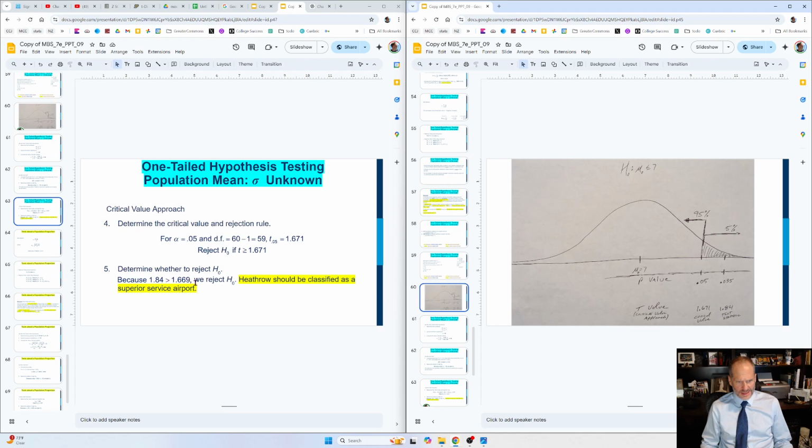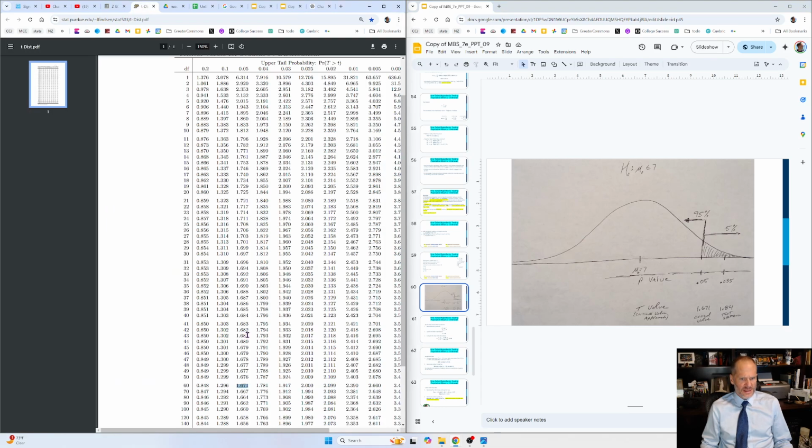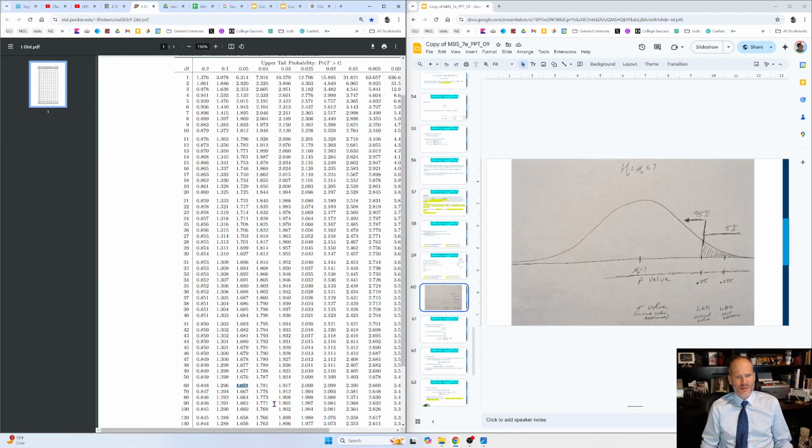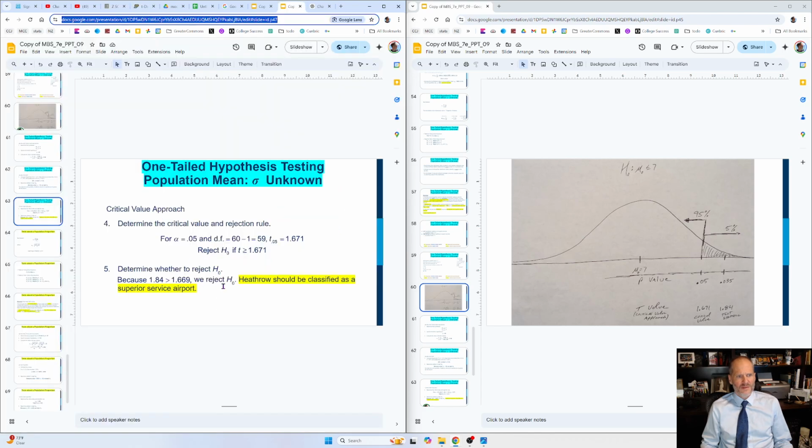And then they have 1.669 here. So maybe that's a calculation they did just to get it more accurate. But it should be 1.671. Maybe that's a typo on their part. I'm just looking to see if there's 1.669 in here. And maybe that's when you calculate it precisely. So we are looking at it at 60 degrees of freedom, and it needs to be at 59. So little nuances.